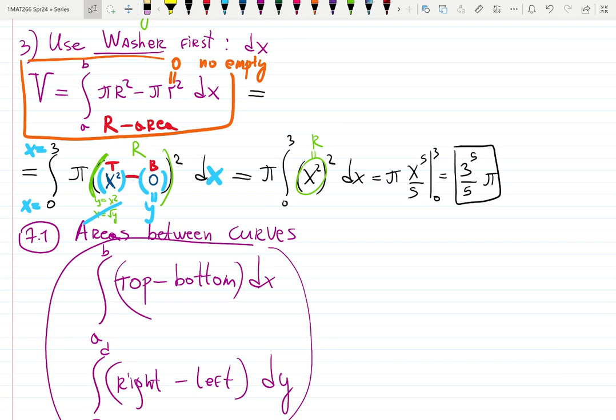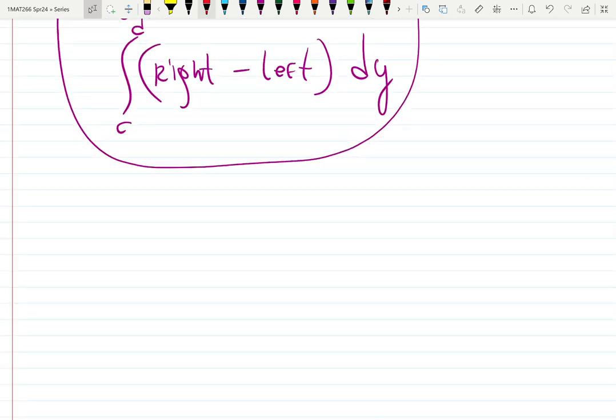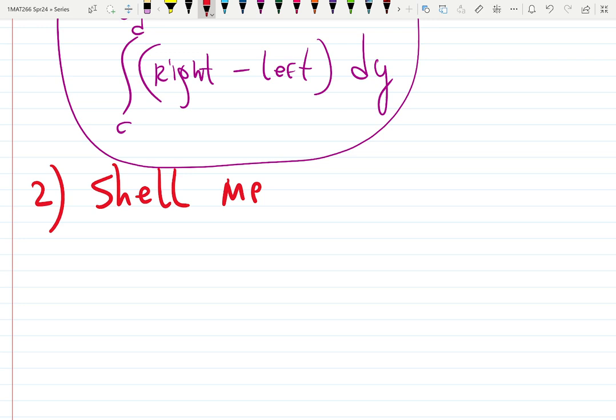Does that make sense? Let's try the shell method. This example can be done in both ways. Now let's try the shell method. Should be the same result. But because we have a rotation about the x-axis, the integral will be dy. So I already know the formula.